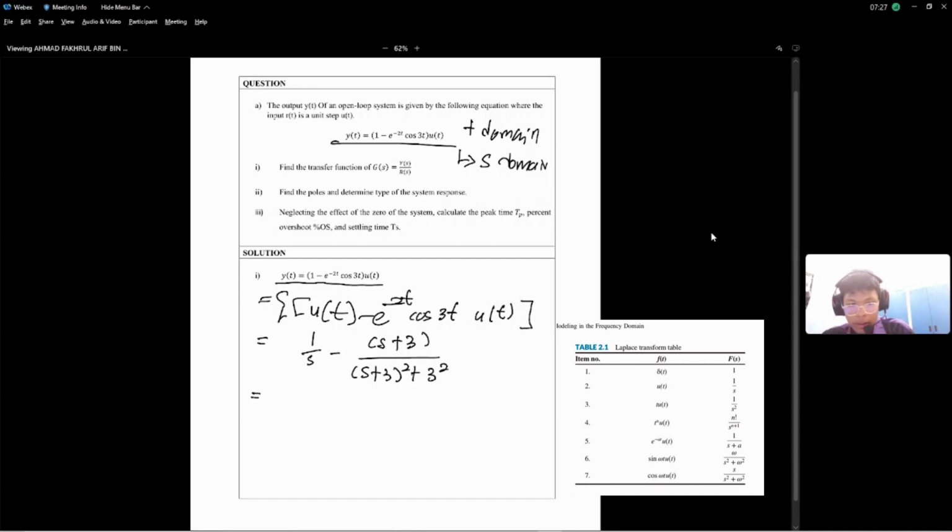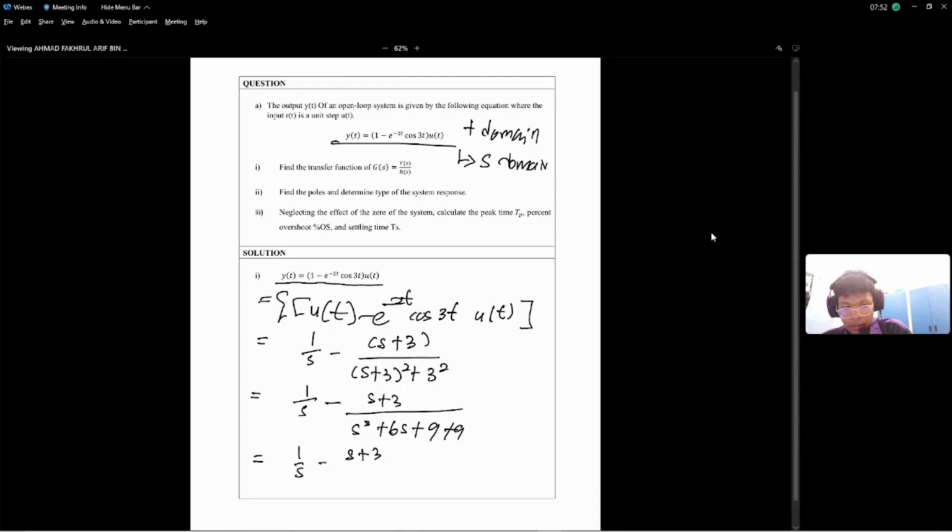And then we expand (s+3)^2 to s^2 + 6s + 9, plus 9, and then it will be s over s(s^2 + 6s + 18), and then we subtract the equation, so it will turn out to be s^2 + 6s + 18 minus s^2 minus 3s. Okay, so this is the s domain of the equation.